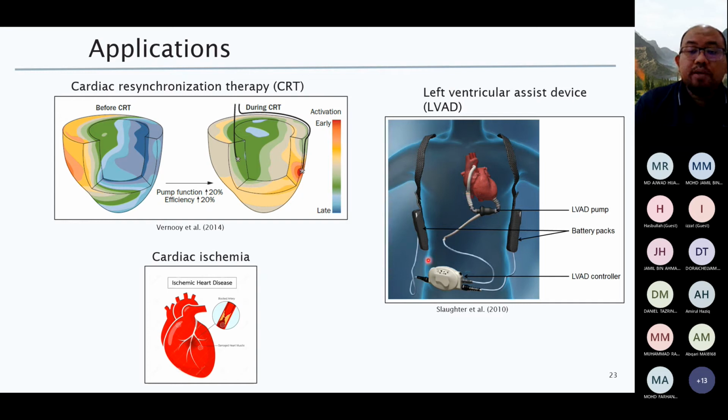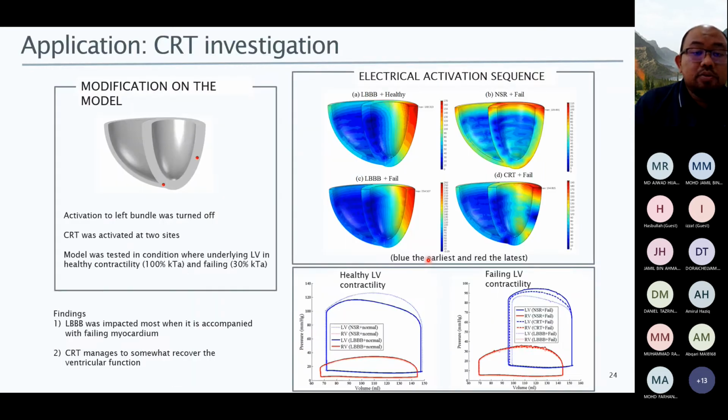Or we can use it to simulate the heart pump behavior. What I did in the past was simulate this resynchronization model, and I was able to show how the pressure drops when you have a condition where the heart's not contracting as fast as it should. So we can see the drop in the pressure. Once we apply our electrical stimulus directly at the disease region, we can see some improvement in the pressure behavior.